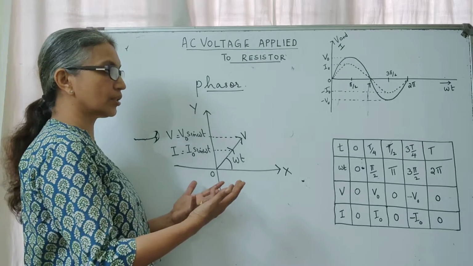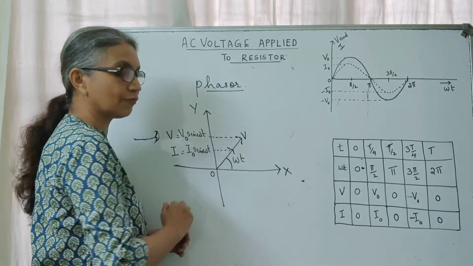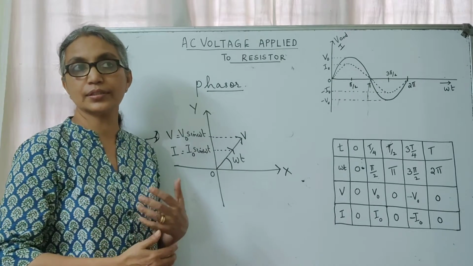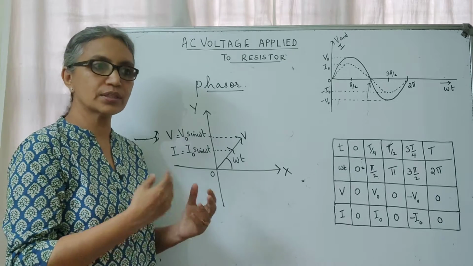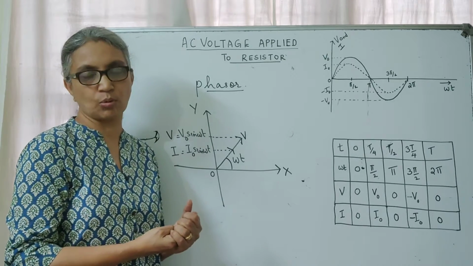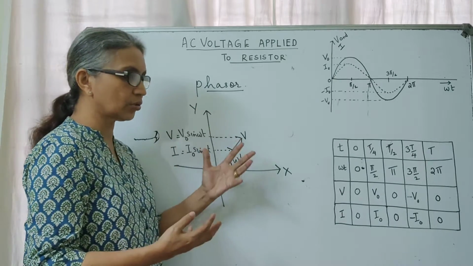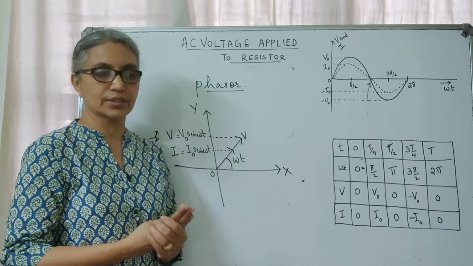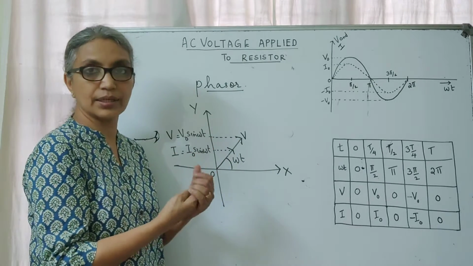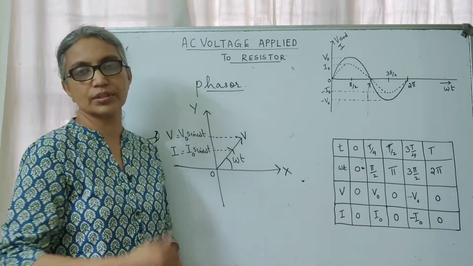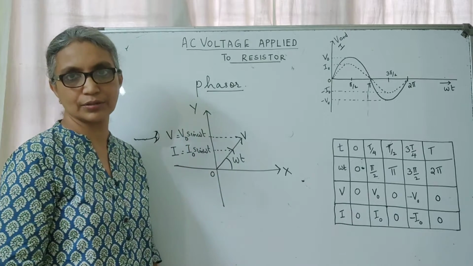So any scalar quantity which varies harmonically with time can be represented using a phasor simply because it is easier for us to add or combine these phasors with the same rules that we apply to vector quantities. So that is why, whenever you represent scalar quantities that vary harmonically with time using a phasor, it is easier to combine them or mathematically add them using the same rules that you would have used for vector addition. That is what you call a phasor.